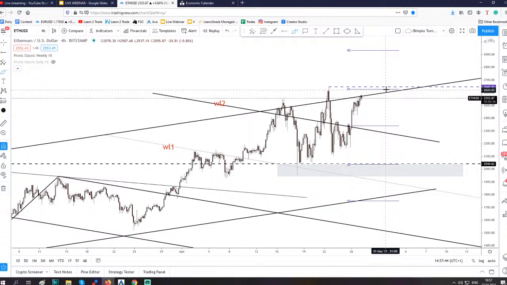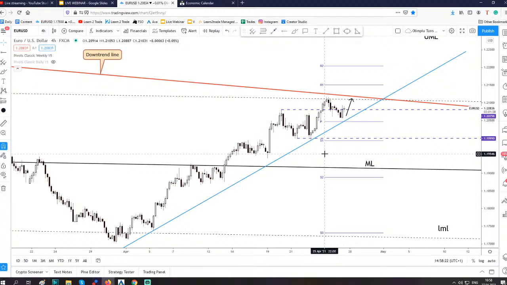Let's go back on the euro versus the US dollar. So the bias remains bullish. We have a long position here on the euro versus the US dollar, and the price could still reach our target as long as it's traded right above this uptrend line.